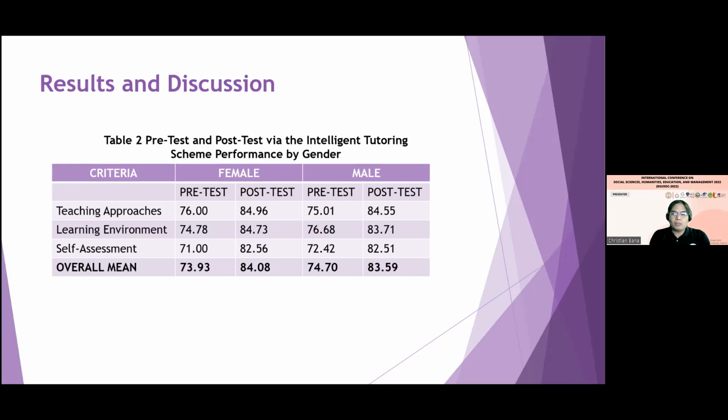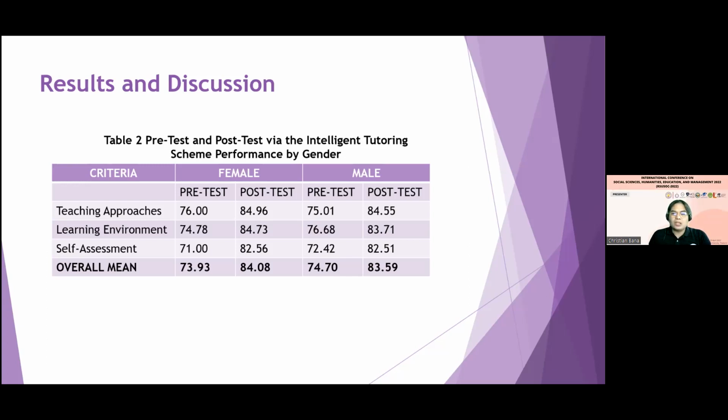Looking at the table above, the performance of the male students shows more noteworthy improvement in the teaching approach module with a difference of 9.54% from the pre-test to post-test compared to females with 8.96%. Whereas females had an overall improvement of 10.15% from the pre-test to post-test under the three categories.